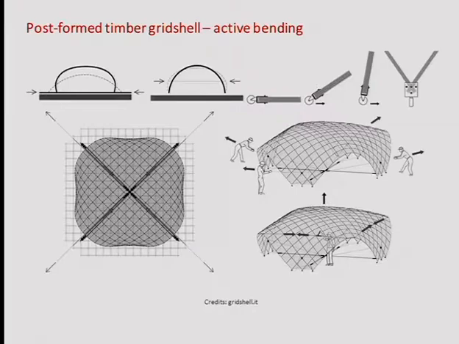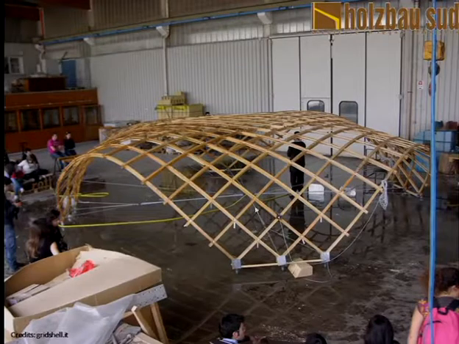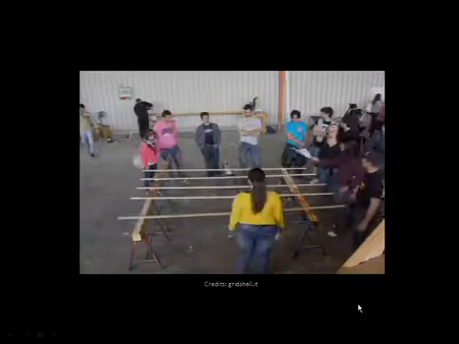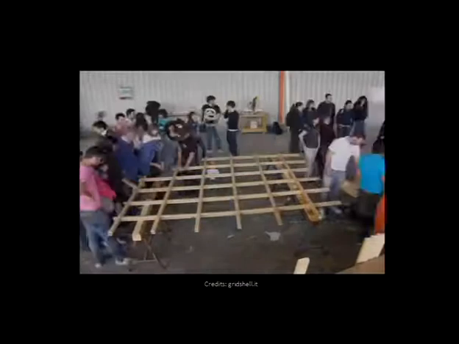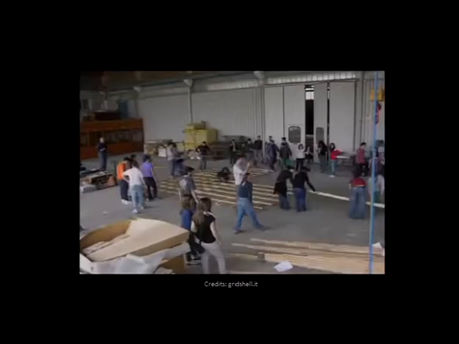And the technique to lift it up was to use a system of ropes. You remember the block and tackle of the second lecture? That's the system. There is a set of ropes and pulleys to pull it up in that direction. What I want to show you is the starting point, then the first push, second one, and I'm also showing you a short video of the construction of the modules, and then from the modules you build a flat grid.